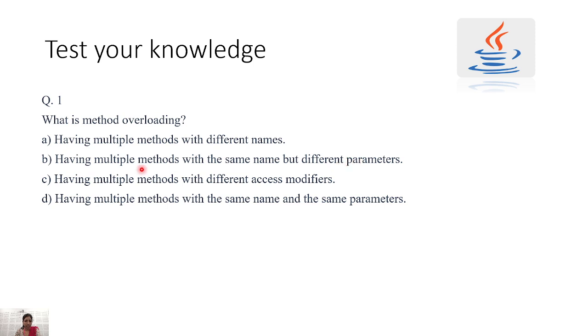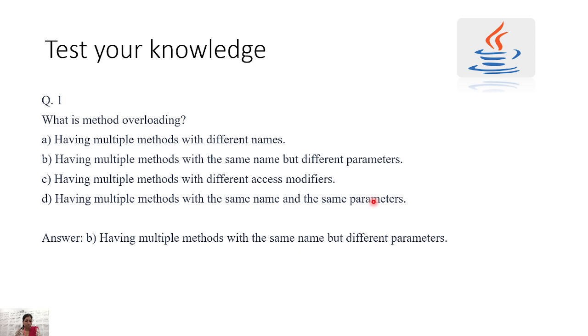Is this making sense? Having multiple methods with different access modifiers. Having multiple methods with the same name and the same parameters. So the option will be B. Method overloading is having multiple methods with the same name but different parameters.